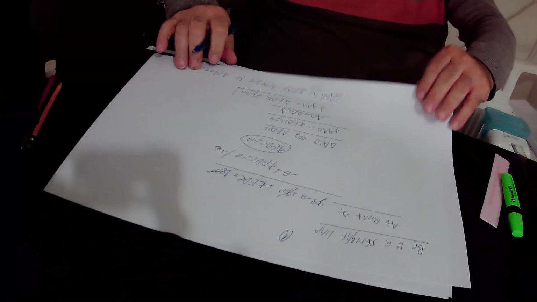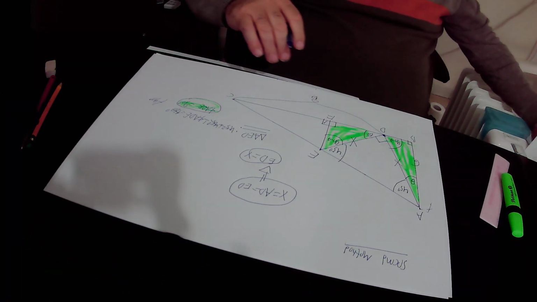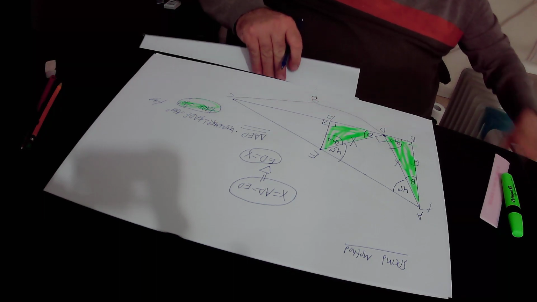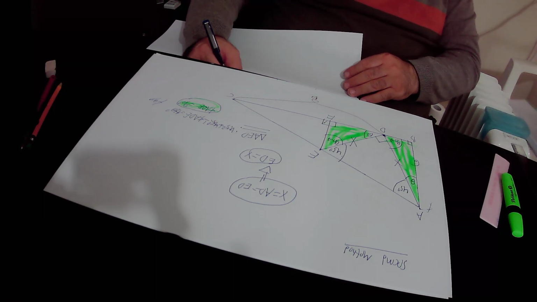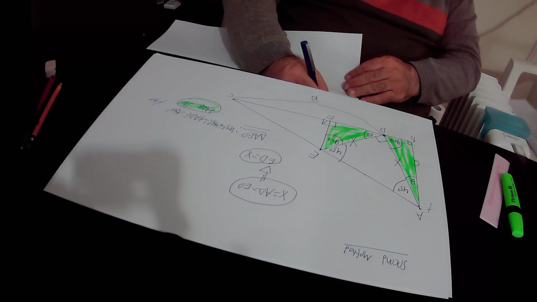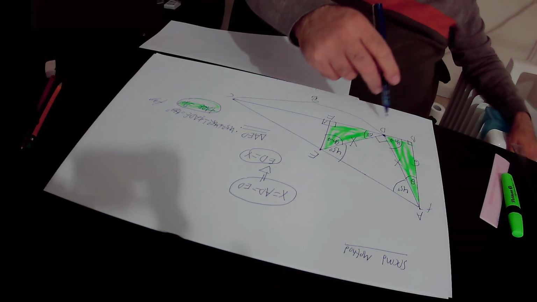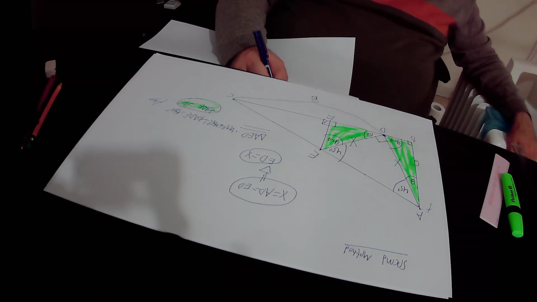And from the fact that those two triangles can go into each other, we will conclude hence that AB is equal to DF.